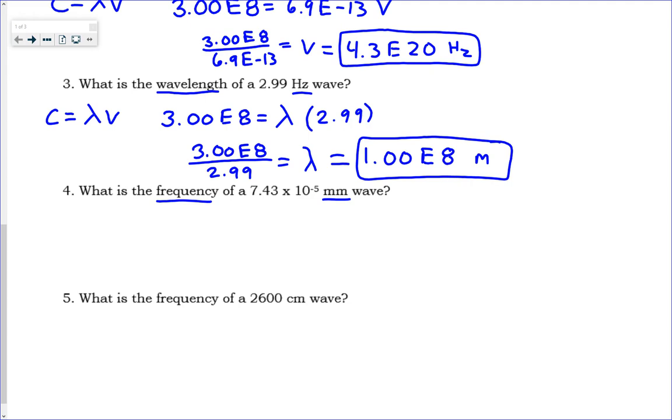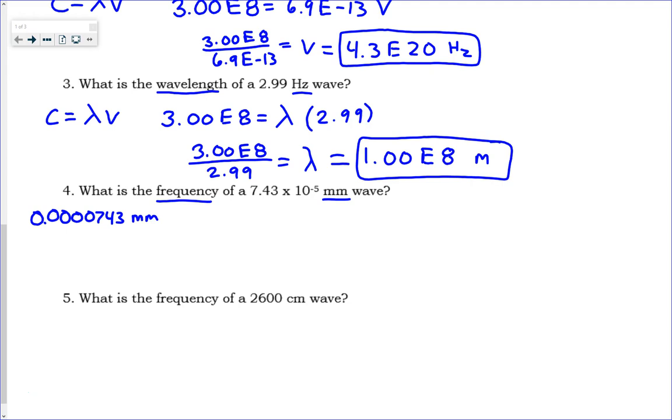I think it's going to be easier for us to do this conversion if we write that out in standard notation. So this is 0.0000743 millimeters, just converting from scientific notation to standard notation.